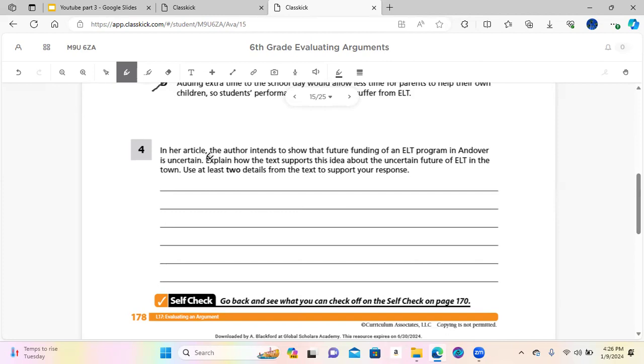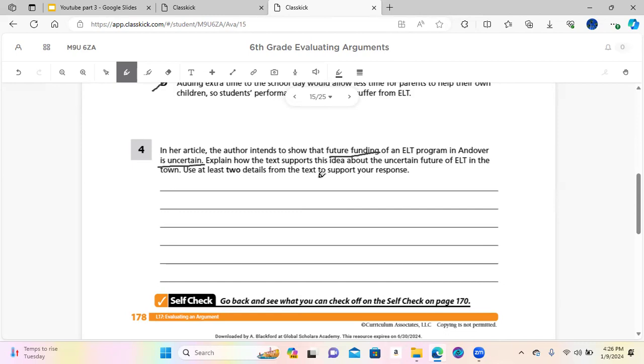In her article, the author intends to show that future funding of an ELT program in Andover is uncertain. So, future funding is uncertain. Explain how the text supports this idea about the uncertain future of ELT in the town.